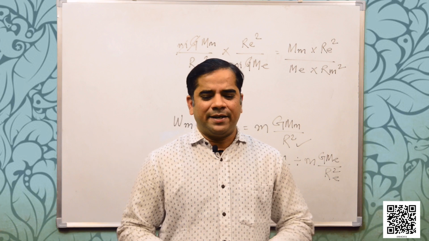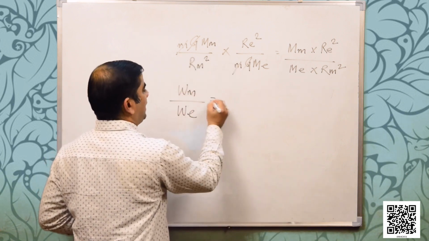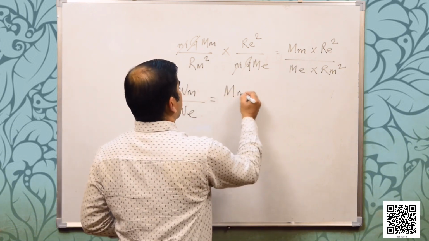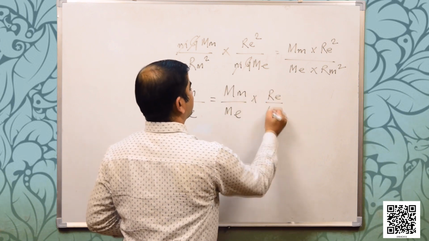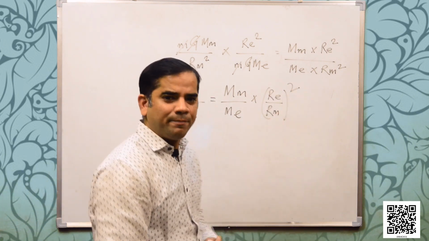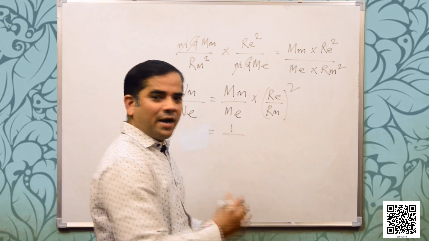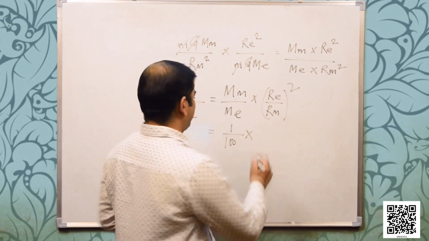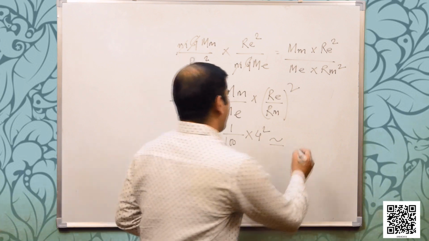So, we can write Wm by We is equal to 1 by 100 into 4 square, okay, and that is equal to 1 by 100 into 4 square. So, that is about 1 by 6.